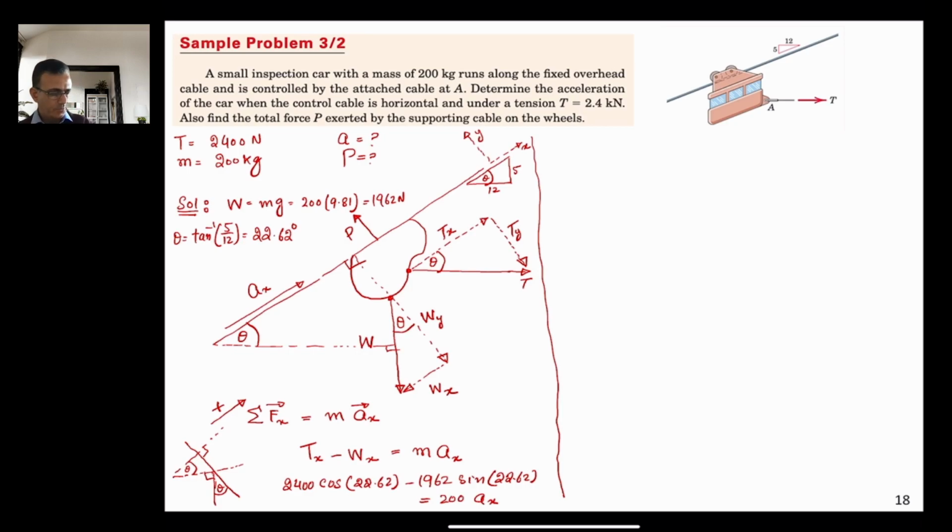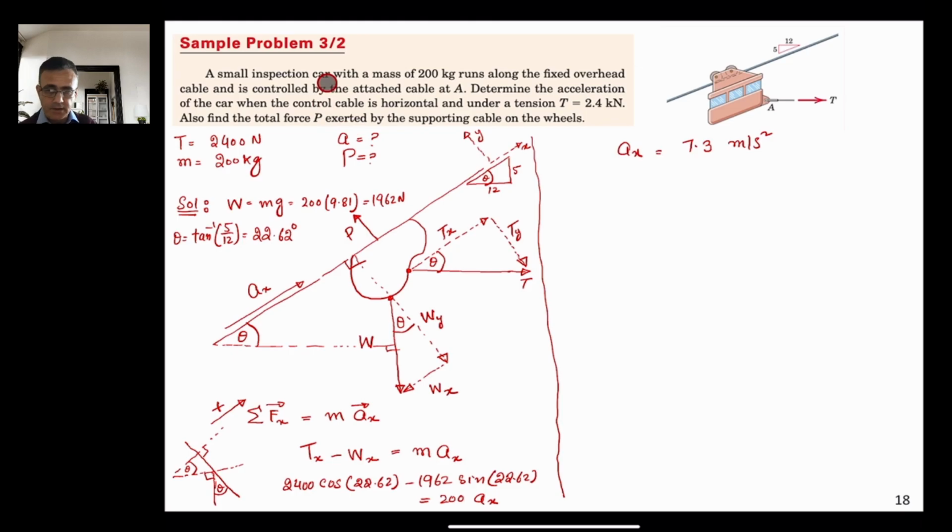So from here, we can calculate Ax, which is the only unknown in this equation here. So Ax will become equal to 7.3 meters per second squared. So we managed to calculate the first unknown, which is A of this inspection car along the cable. And because our x direction was along the cable, this Ax is automatically equal to A.